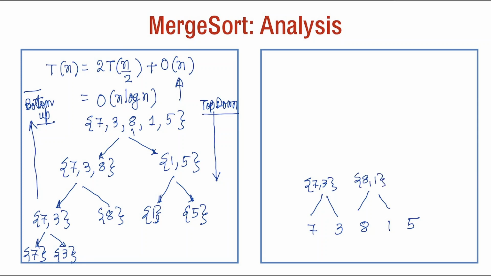This is 5. Then these two, in the next step, will combine to form 8, 5, 1, and in the next step these two will combine to form 8, 7, 5, 3, 1.